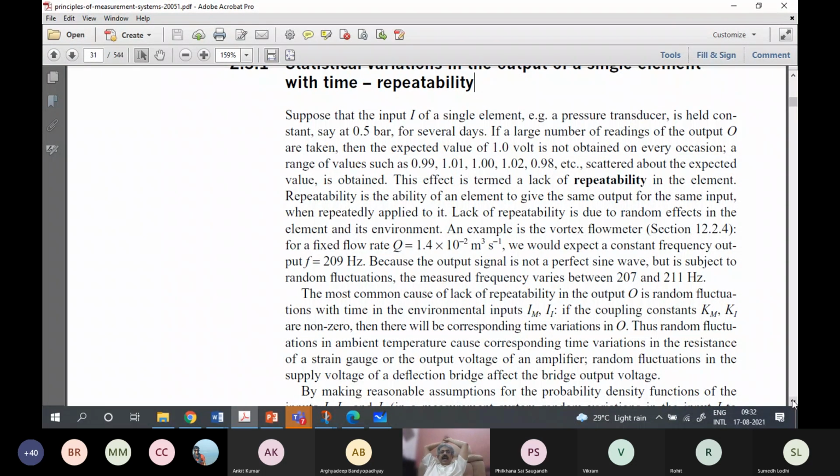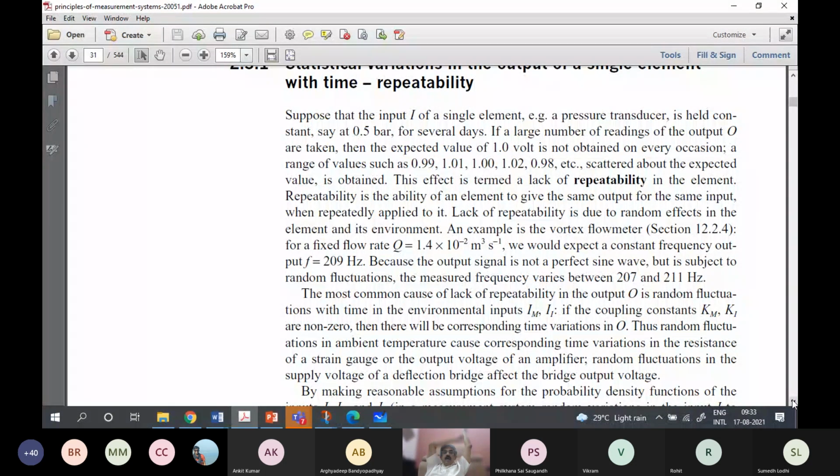Even for a single element, if you measure the same thing for several days, the reading will not be the same. So this is called repeatability. If you take a sensor and take the reading of the same input under similar conditions, similar to the extent you cannot ensure exact similarity.